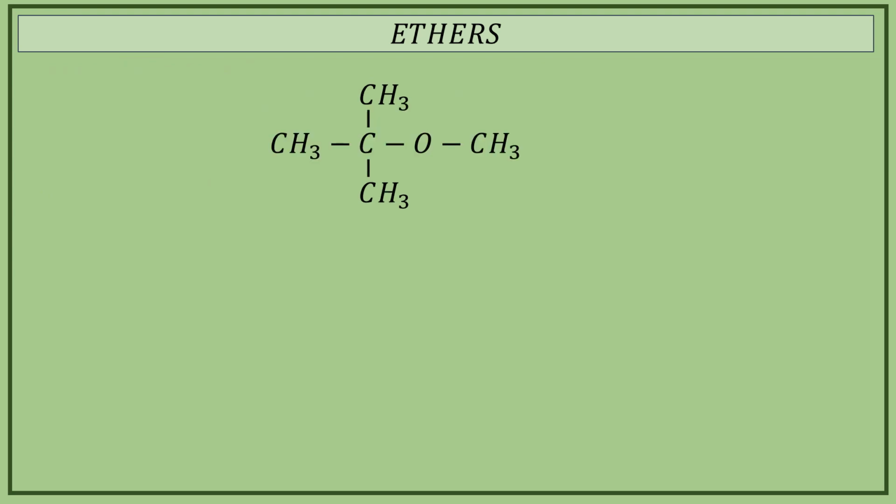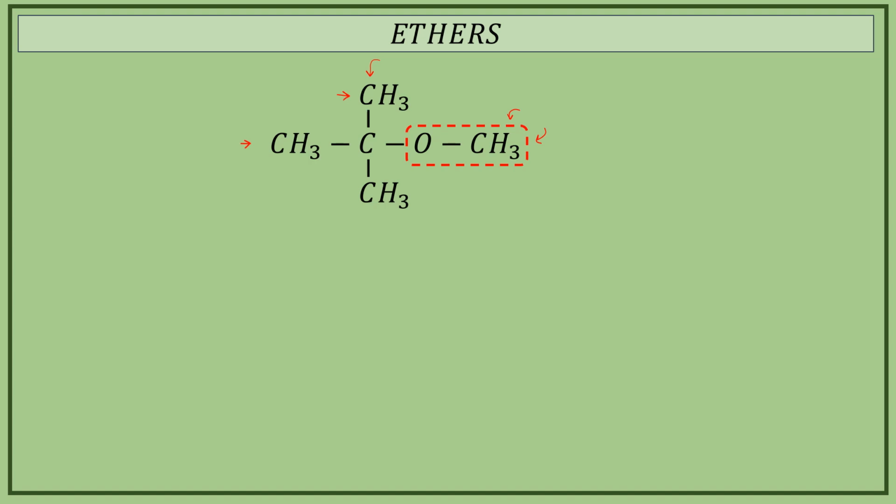Let us conclude our discussion on ether with this example in which we bring another substituent, methyl, along with the methoxy group right here. We already noted that an alkoxy group is also treated as a substituent. So both methyl and this alkoxy, that is methoxy in this case, will be treated as substituents, and we will name this entire molecule the same as we did for an alkane.